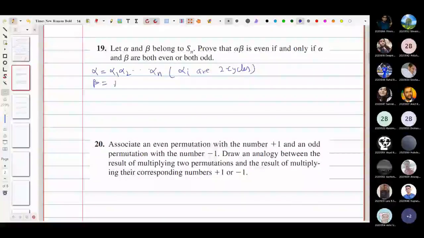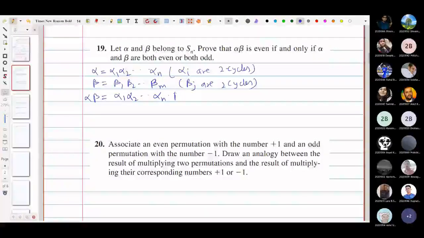Similarly, let us take beta equal to beta 1, beta 2, up to beta m, and the beta j are also 2-cycles. So alpha times beta is going to be alpha 1, alpha 2 up to alpha n, and then beta 1, beta 2 up to beta m. So there are m plus n 2-cycles.